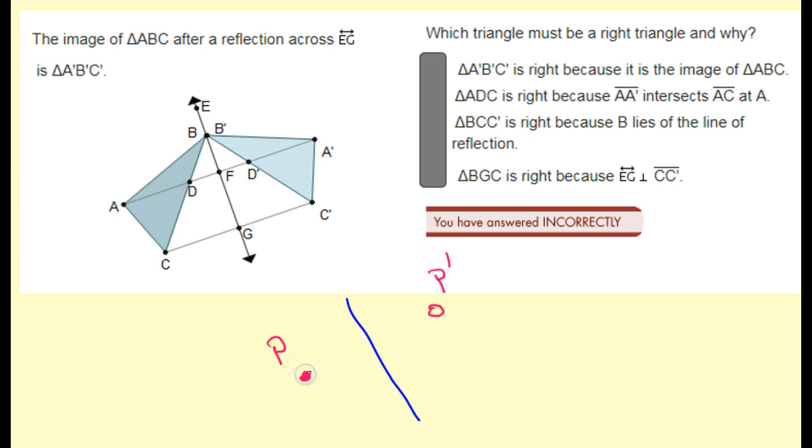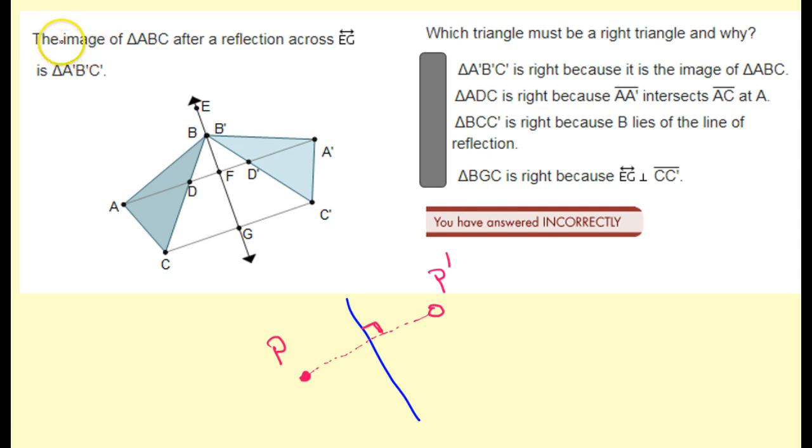So you need to understand that if I am doing a reflection, if I connect the pre-image and the image, it is always going to form a right angle. All right, this segment joining the pre-image and the image is always going to be perpendicular to the reflecting line. All right, it's always going to form a 90-degree angle. So I'm sure that's going to show up in this problem somewhere.